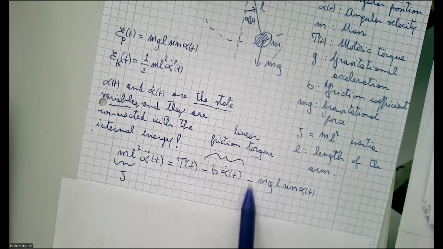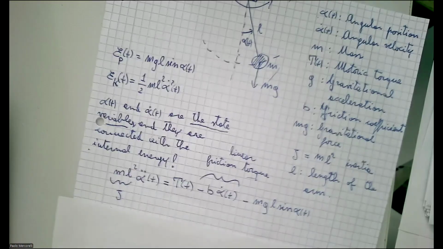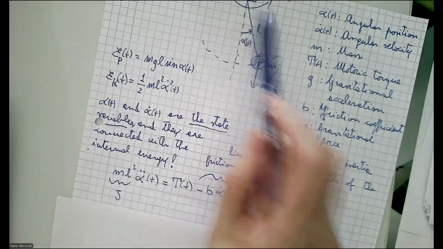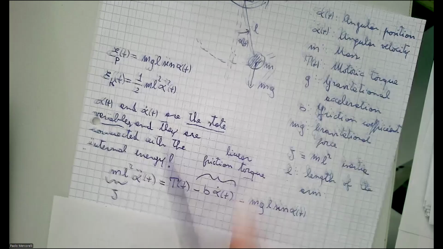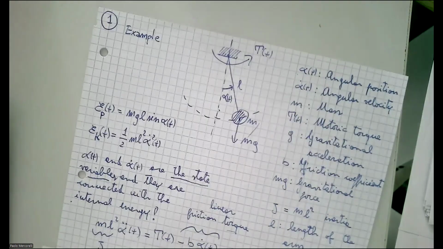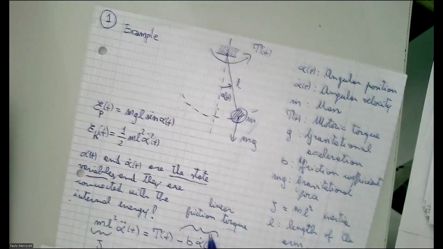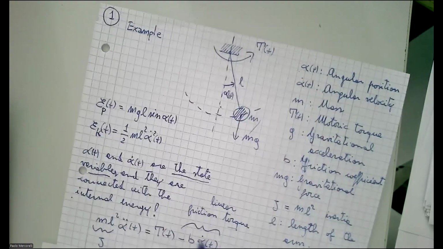Why not? Minus, you remember I told you that this force here generates a torque, a moment, which is against the motor torque if this is the positive direction. Also, this is minus because of the losses.